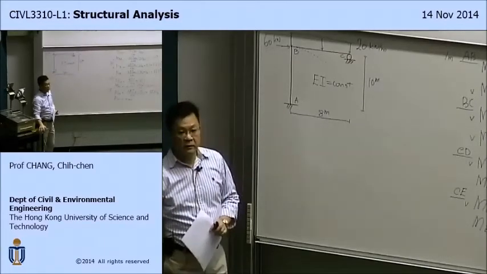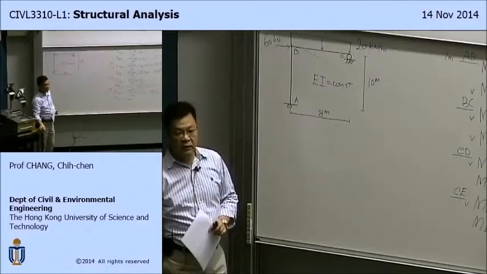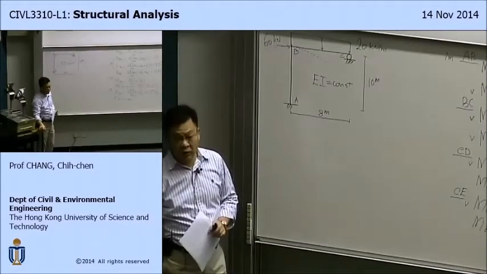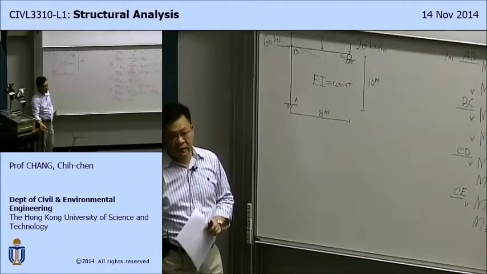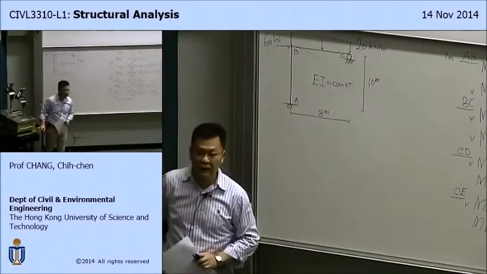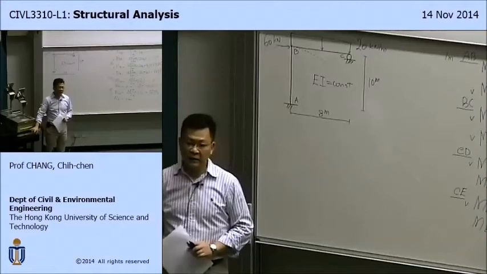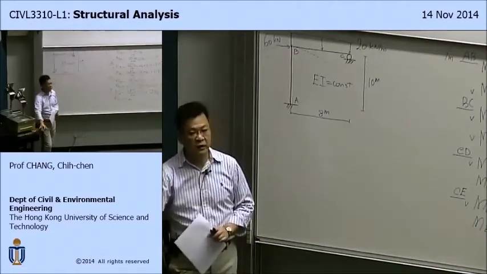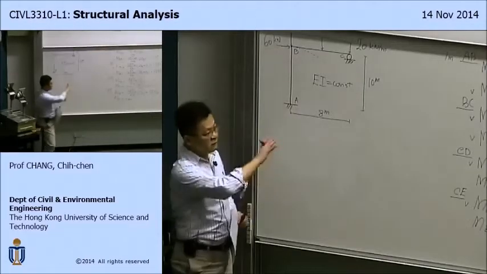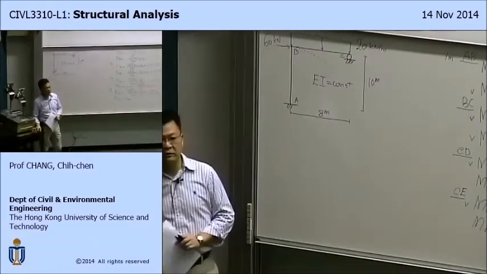Also, in our analysis, we always assume that it's a small deformations, very, very small deformations. If the deformation becomes significant, then we cannot use a linear theories to cover that. We have to use a nonlinear theories. So this is the first structure analysis course for you.